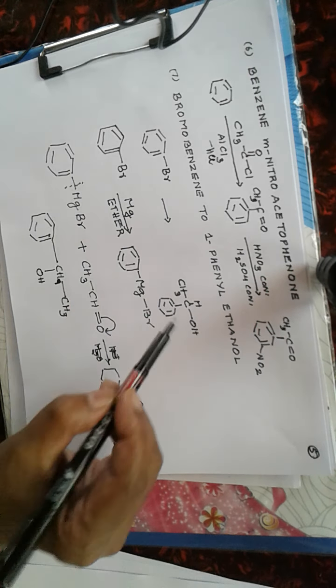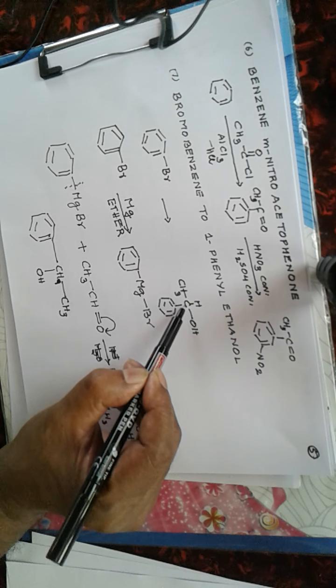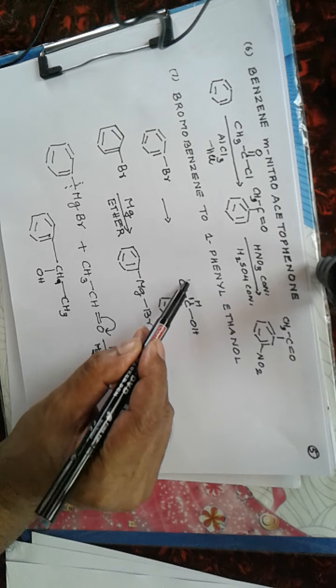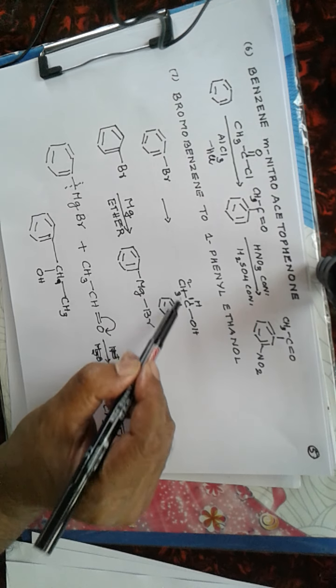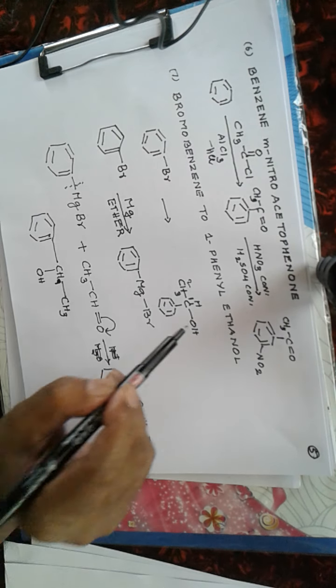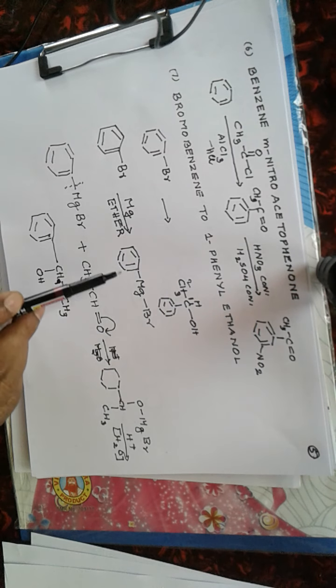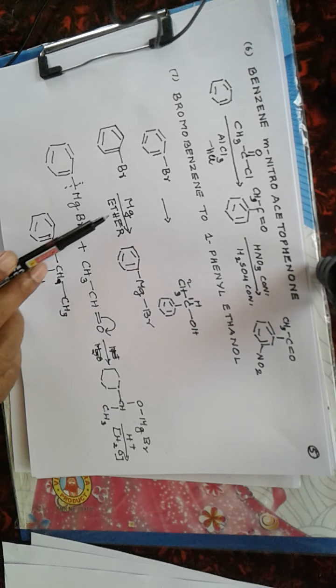Then bromobenzene to 1-phenyl ethanol. See, the product here is 1-phenyl ethanol, a secondary alcohol, and secondary alcohol may be prepared from a Grignard reagent and an aldehyde. So first of all, convert this bromobenzene to a Grignard reagent using magnesium and ether.